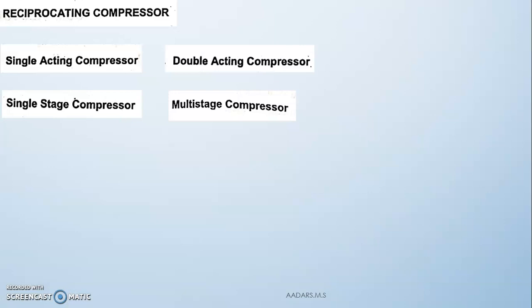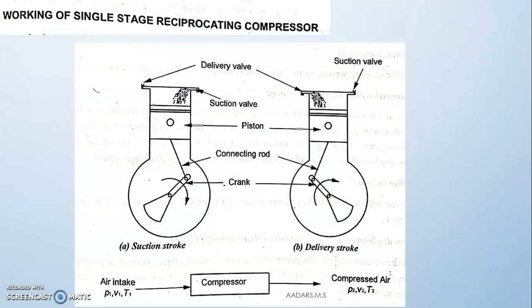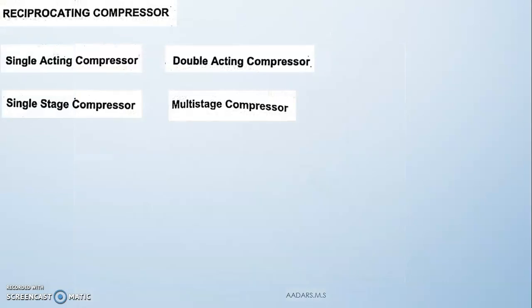Here again we have to go through the indicator diagram of the reciprocating compressor, which is almost similar, but if we are dealing with air, it will be compressed somewhat and its volume will change. Water cannot be compressed. So while dealing with air, we have to consider the compression and expansion of air also.